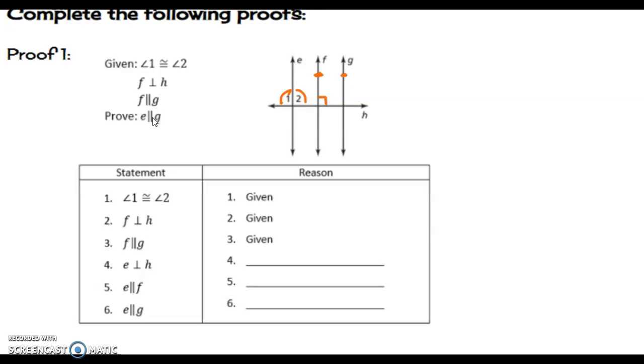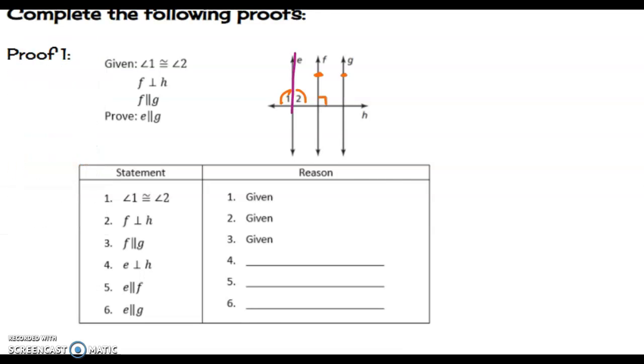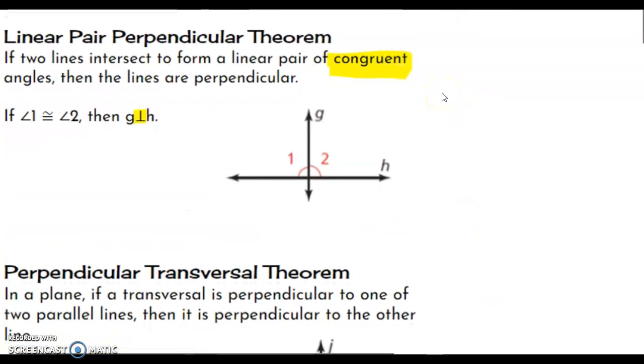So now it wants to know, hey, E is perpendicular to H. Why can we say that? Well, if you look right here, here's E and here's H. And the reason we know that is because angle 1 is congruent to angle 2. So if you look back at the front page of our foldable here, this linear pair perpendicular theorem clearly shows where we've got two angles that are congruent and therefore they are perpendicular.